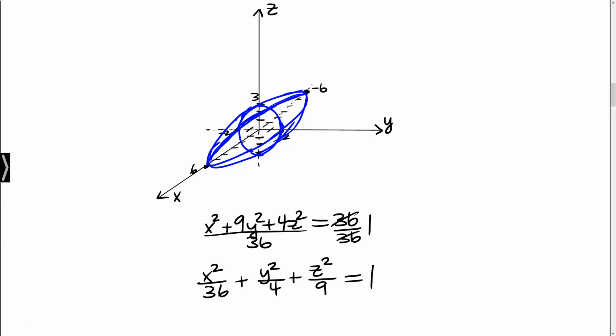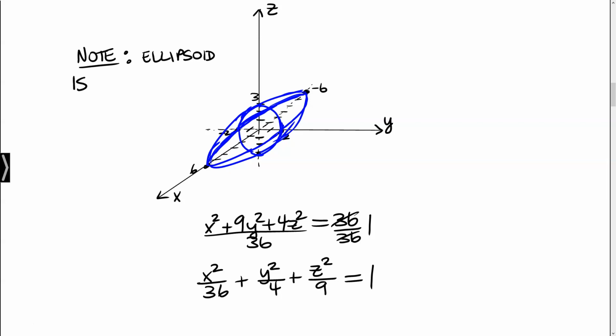And really, this is all you need for the sketch. You should be able to see what the surface looks like from this. Let's note one important feature of the ellipsoid: it is the only bounded quadric surface.